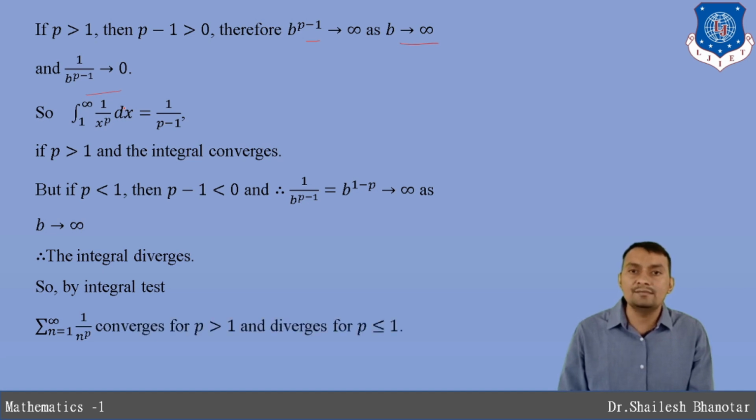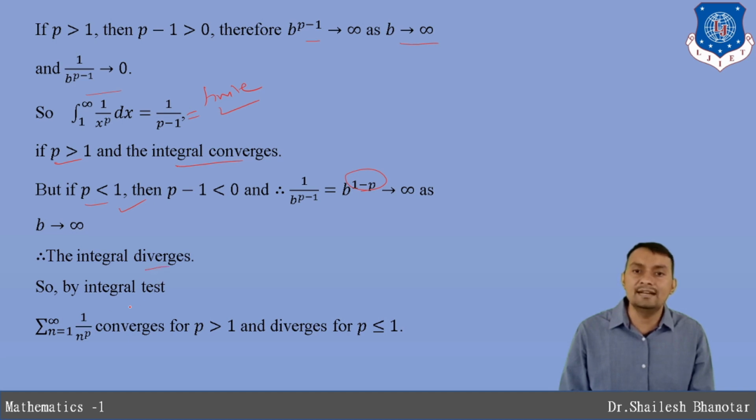So this improper integral, 1 divided by x raised to p dx, is going to be a finite quantity, and therefore the series will be convergent in this case. But if p is less than 1, then p minus 1 is less than 0, and 1 divided by b raised to p minus 1 can be written as b raised to 1 minus p, and that tends to infinity because p is less than 1.